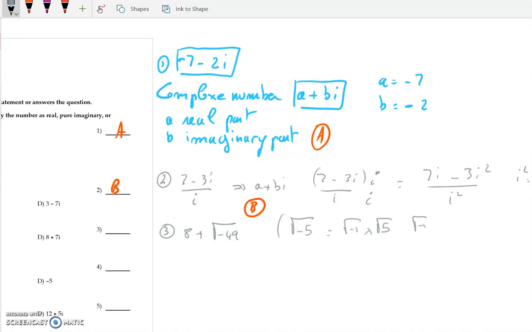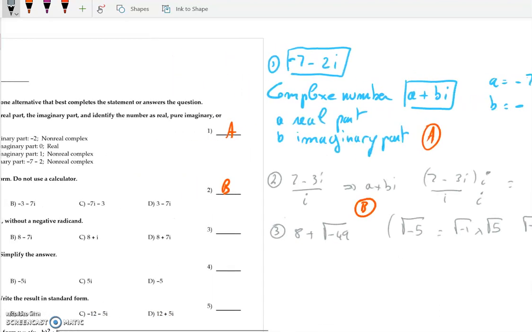I know that the square root of -1 equals i, so the square root of -5 equals i square root of 5. Well, in our case, I'm going to have 8 plus i square root of 49. And the square root of 49 is 7, so I end up with 8 plus i7, but most of the time we are going to present that as 8 plus 7i. And when you compare, the answer was supposed to be D.